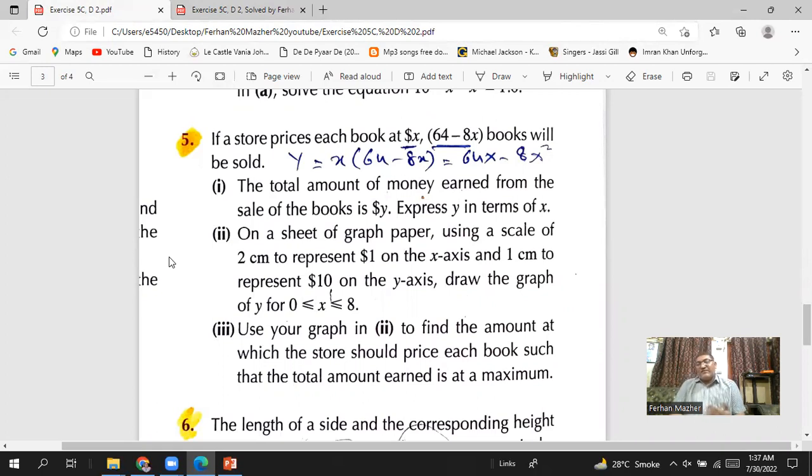I will put different values of x from 0 to 8 in this equation, make a table, and then plot this on the graph. On the x-axis we have the price of one book, and on the y-axis the total earning from the sale of the books.